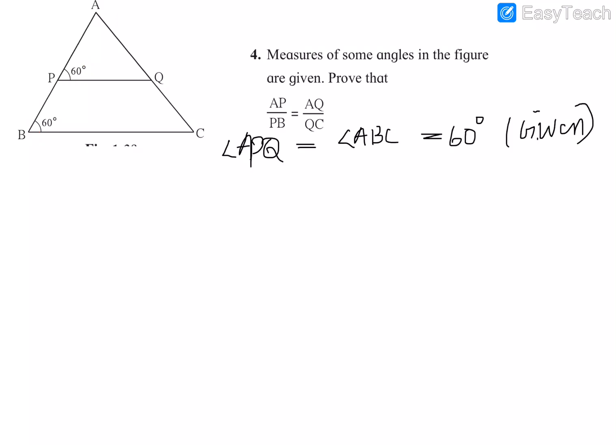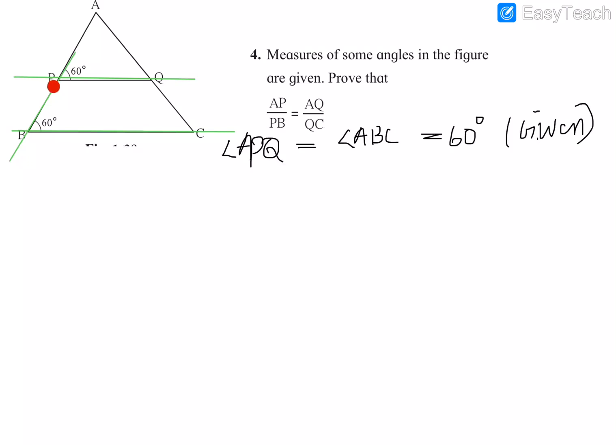Now when considering this triangle, two angles are 60 degrees. So now we can consider that the lines PQ and BC are parallel, and a line PB is passing through these two lines like a transversal. The transversal intersects PQ and BC at the points P and B, and the angles made at the intersecting points are 60 degrees.